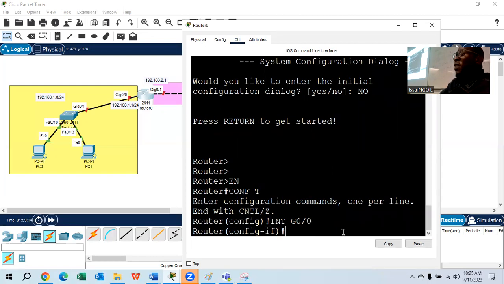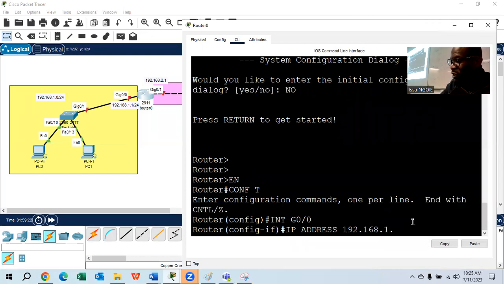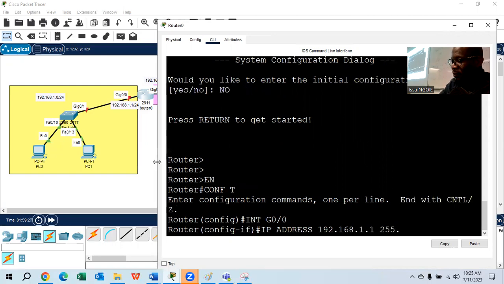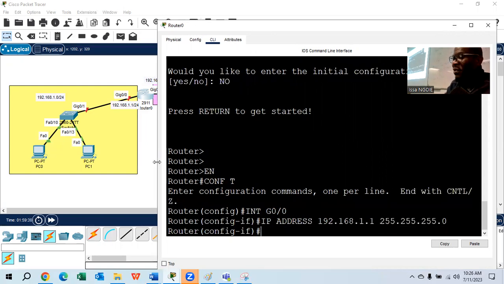So we are going to give it an IP address, 192.168.1.1, remember this is the default gateway, the subnet mask 255.255.255.0, no shutdown, right? I'm just giving you 1 minute in order for you to be where I am.